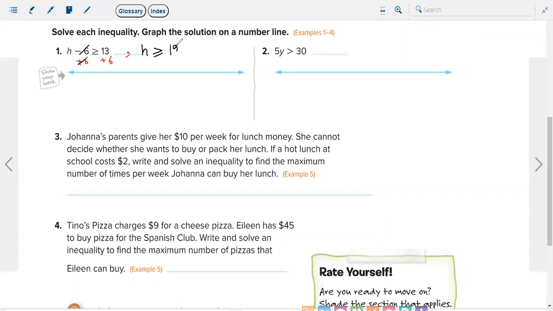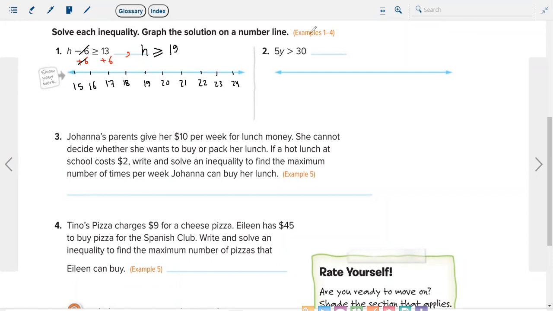Now we need to show that h is really greater than or equal to 19. Let's say that this is 19. So 20, 21, 22, 23, 24, before 19, 18, 17, 16, 15.